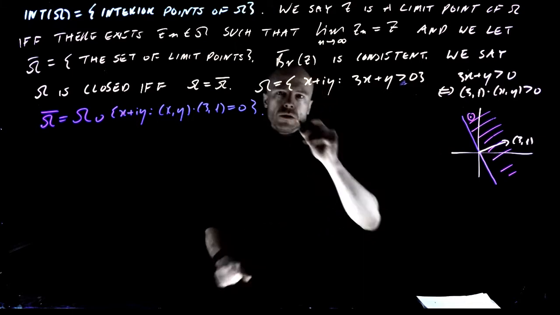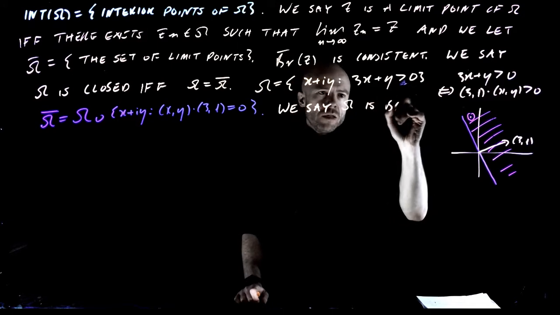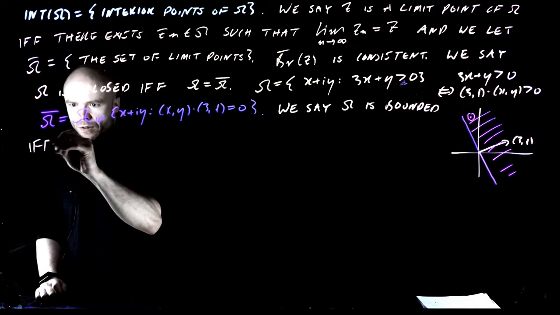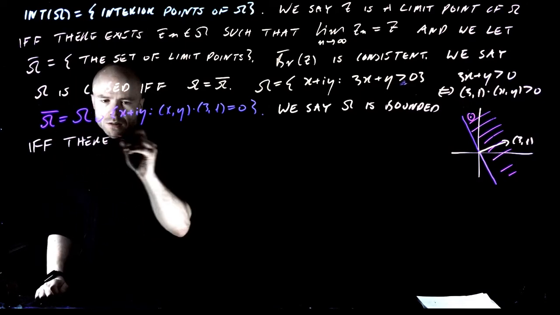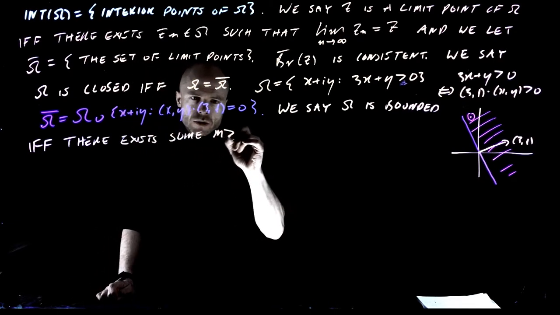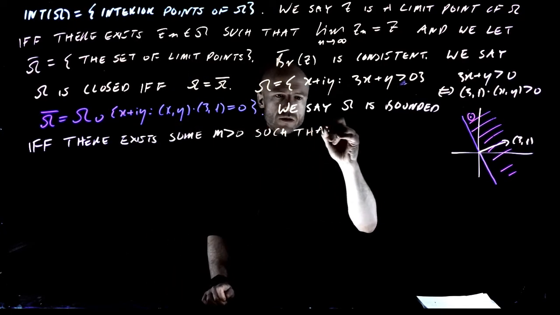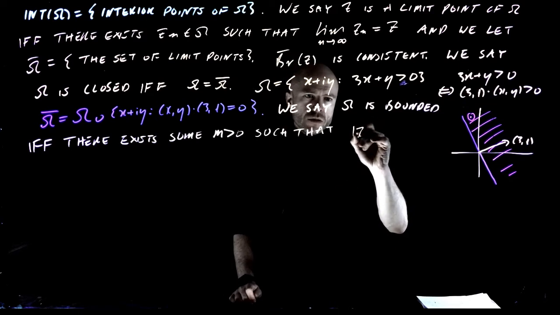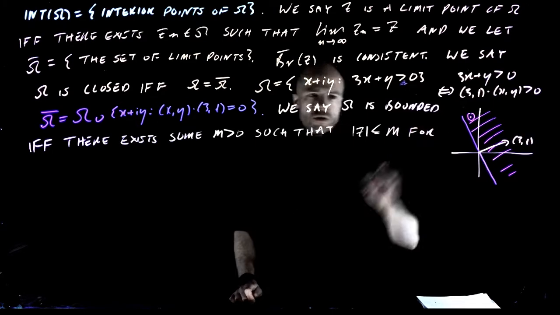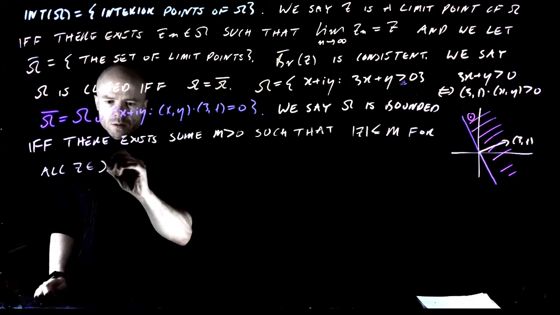We say omega is bounded if and only if there exists some m such that the absolute value of z is less than or equal to m for all z belonging to omega.